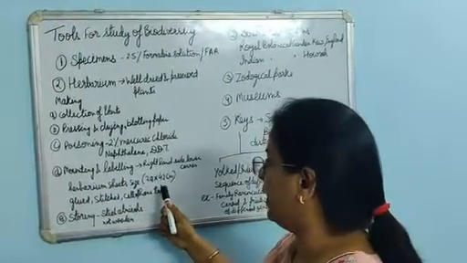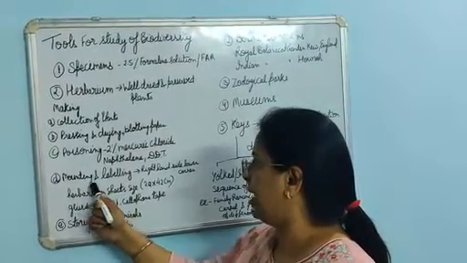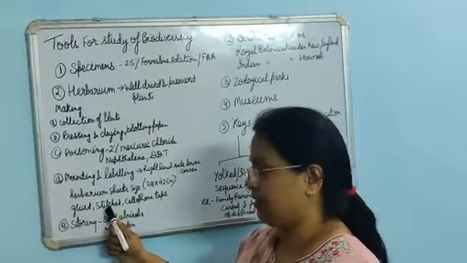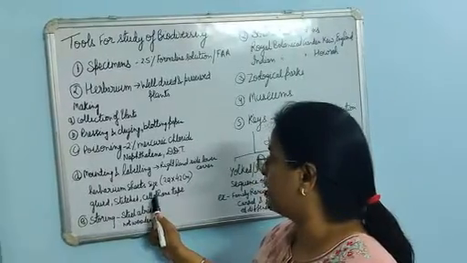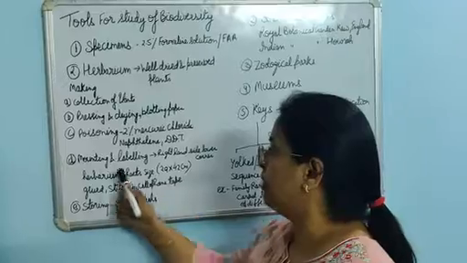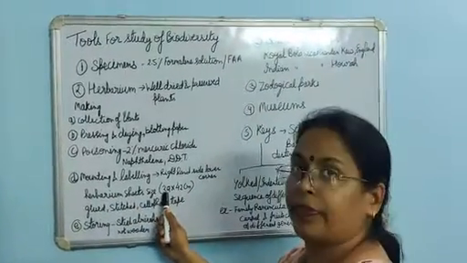No folding or overlapping of the body parts should be there. Then we paste it with the help of glue. If that is not possible, we stitch it onto the sheet, or sometimes we can use cello tape also, to mount the plant body on this herbarium sheet.